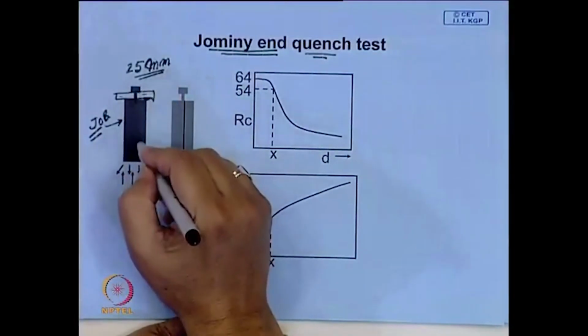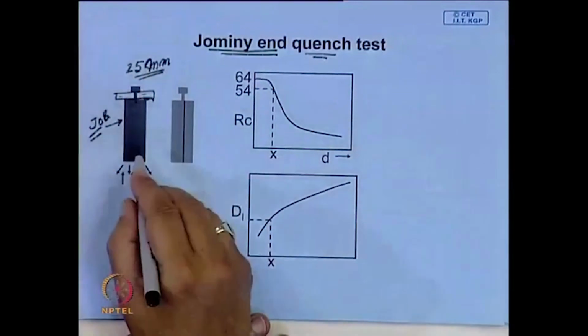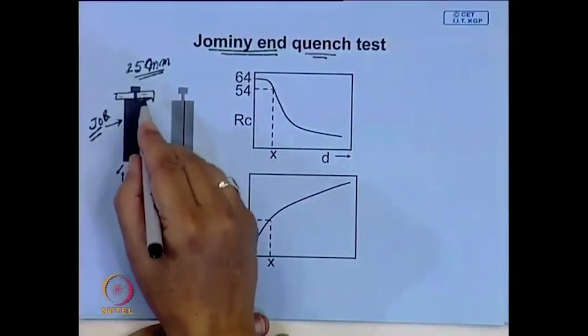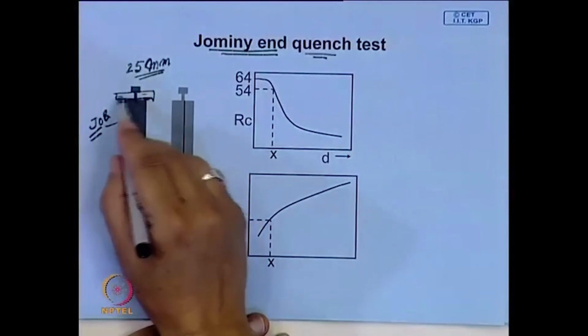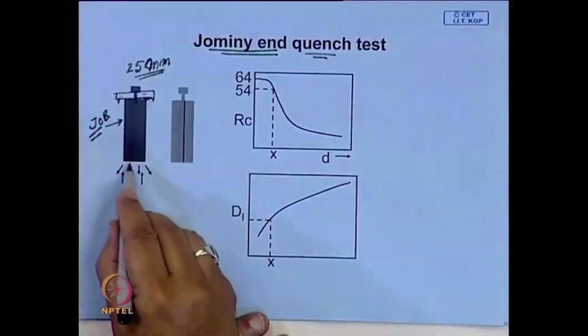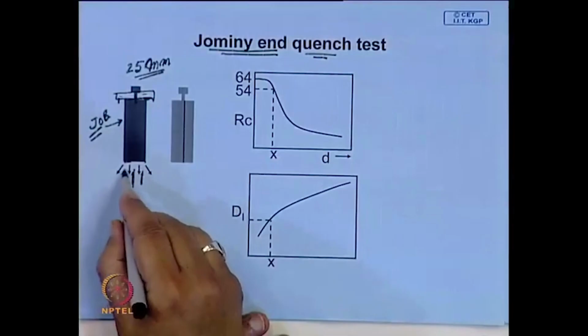Now, what you do, you heat this entire job to the proper austenizing temperature, and after it has been austenitized, you take it out, put it on a rig and this support, and then cool this end by spraying water. Cold water you keep spraying.